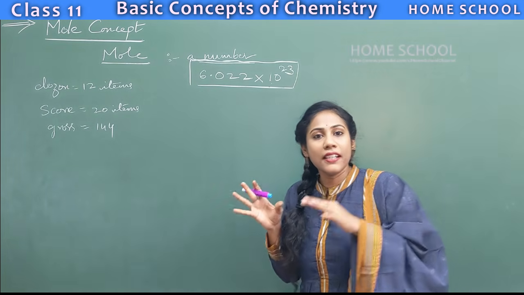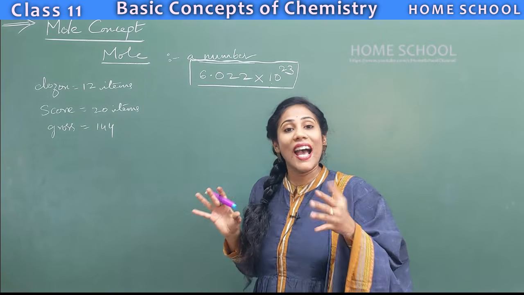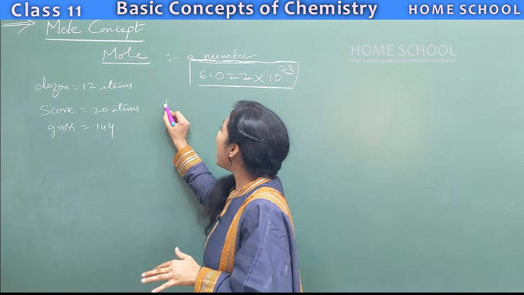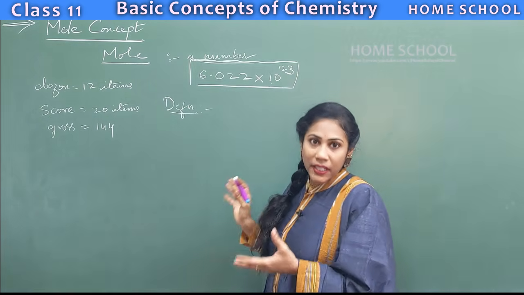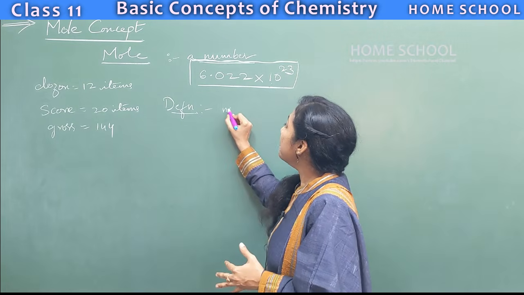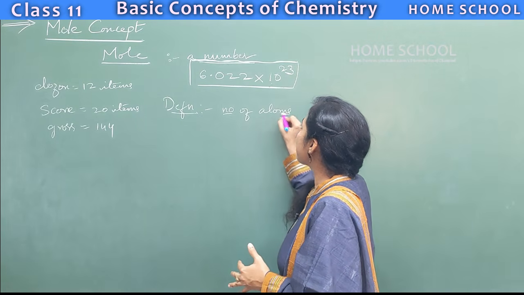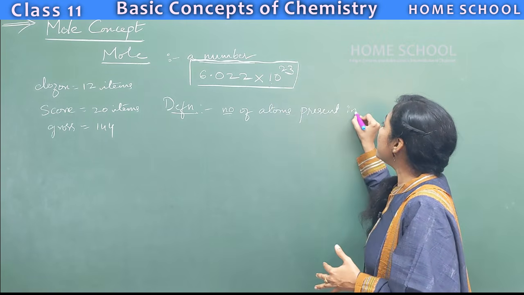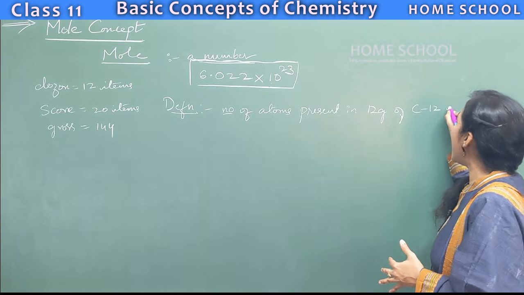Practically speaking, mole is just a number, but mole has a definition. So now I am giving you the definition of mole. Mole is nothing but the number of atoms present in 12 grams of carbon 12 isotope.